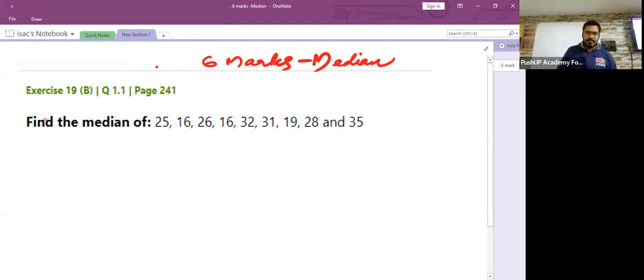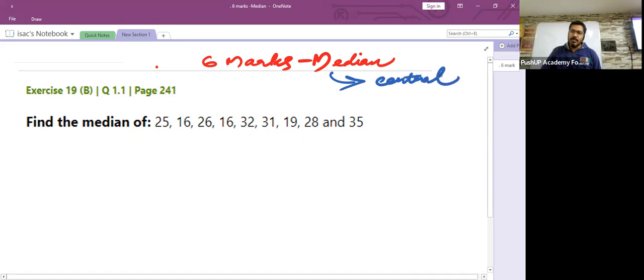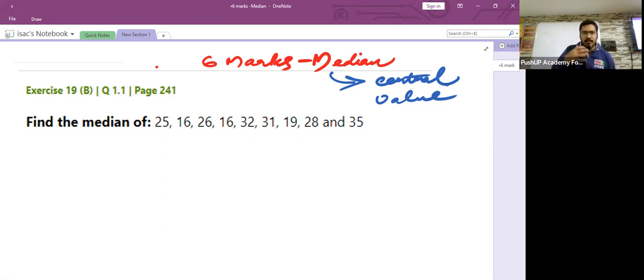Now, let us start. Children, they are talking about median. Now, what is the meaning of median? If you ask me, what is the meaning of median, or how does median look like? Median will be the central value of the given arrangement of data or the given arrangement of observations.